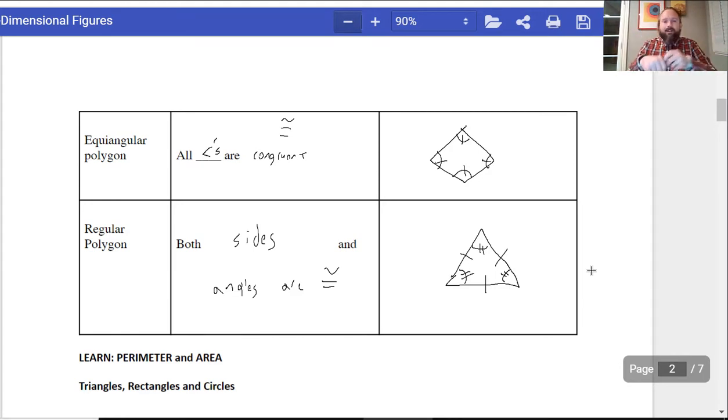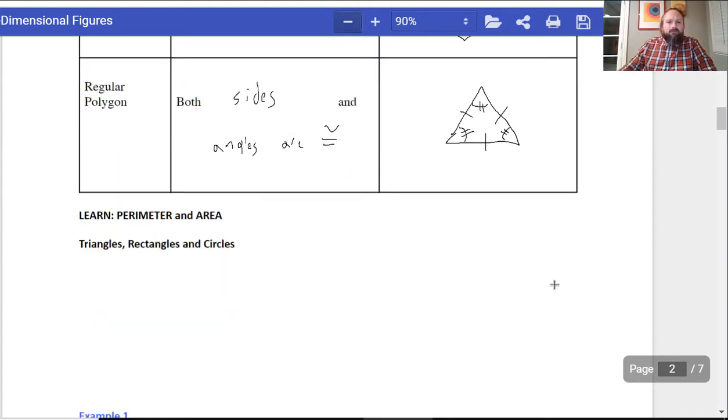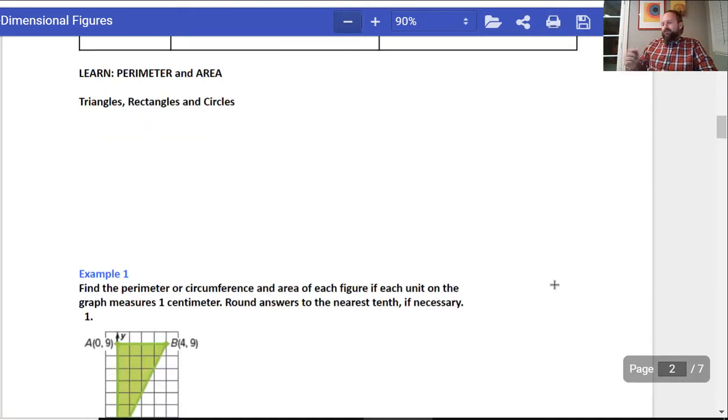All right, let's go on. Triangles, rectangles, and circles. If we're dealing with a triangle and we want the perimeter, we'd have to figure out the length of each of the sides. So this X, this Y, this A, we'd have to add them up.